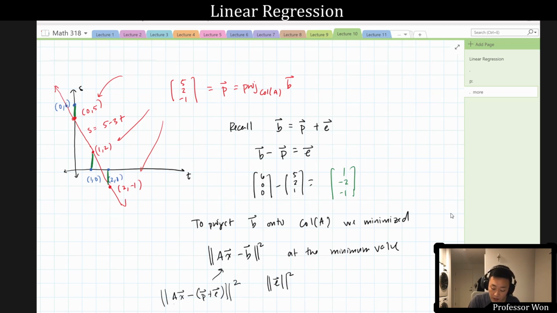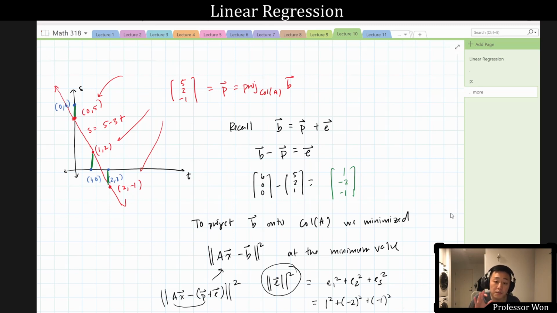And then you can make this part 0 because you could pick a point that was actually equal to p. So this is the minimum value. This was the thing that we're minimizing when we take a projection. But what is this? This thing is exactly like e1 squared plus e2 squared plus e3 squared. This thing is exactly 1 squared plus negative 2 squared plus negative 1 squared.